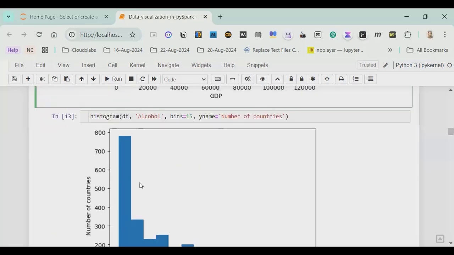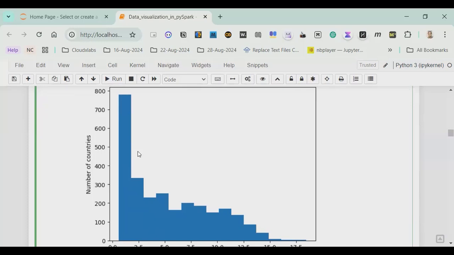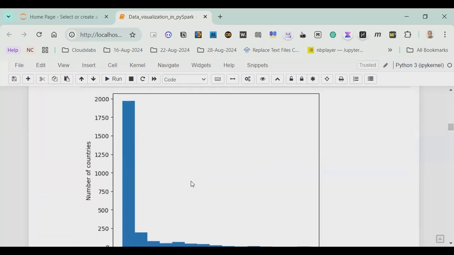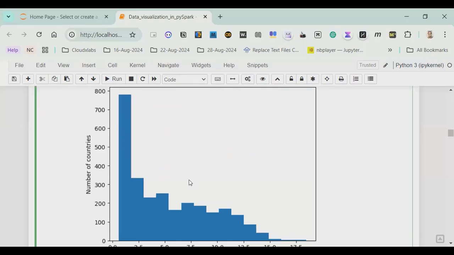And we'll take another variable called alcohol. Now we'll look at alcohol. What happened here? We got the data like this. So almost it's going in this way. It will be skewed to the left or right. So that is the difference. What this graph shows is that a lot of variables are there, like alcohol related, you can see.